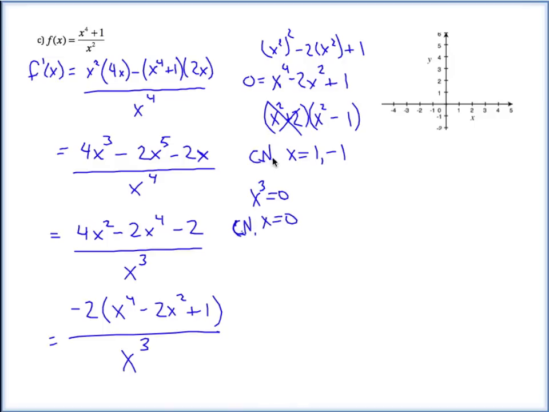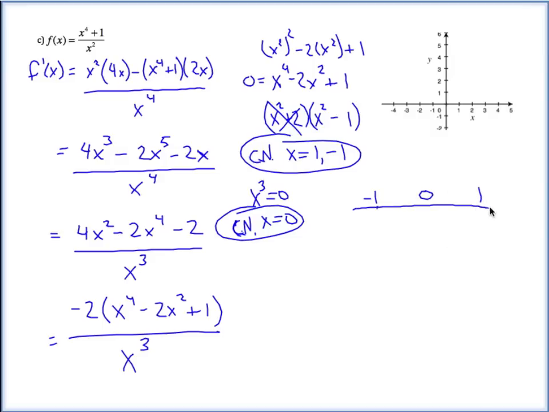Okay, so let's go ahead and test our critical numbers and our intervals here. So we have negative 1, 0, and 1. Okay, so the interval here is negative infinity to negative 1. Here it's negative 1 to 0.